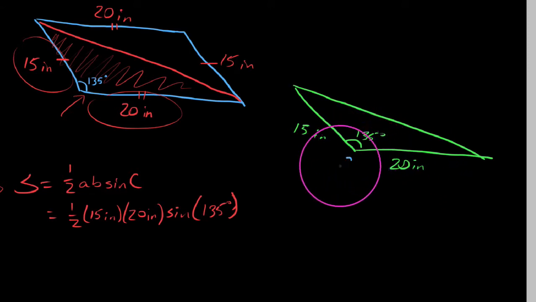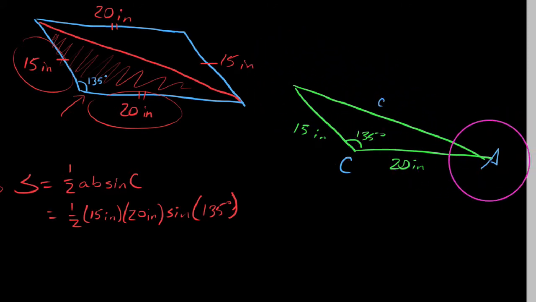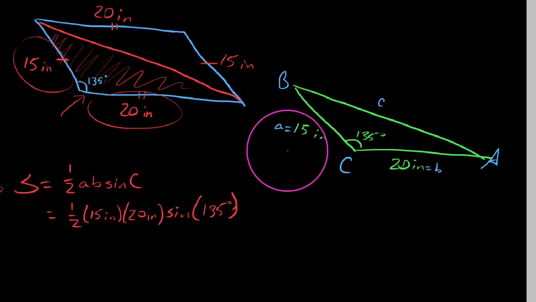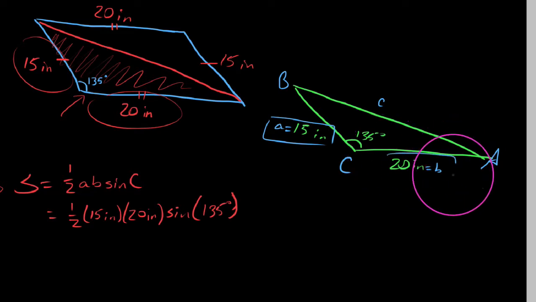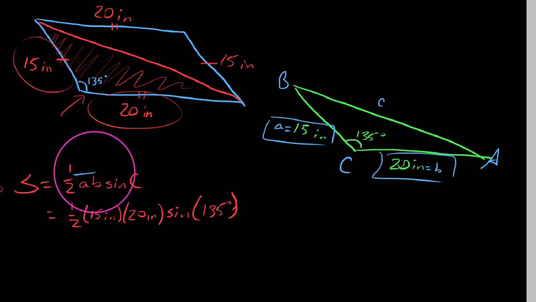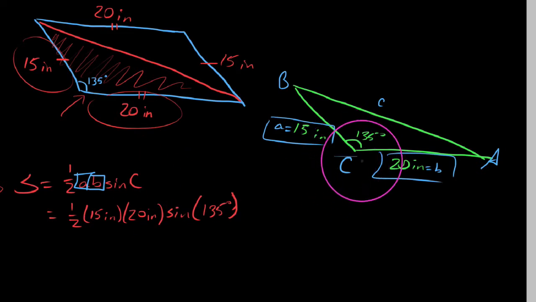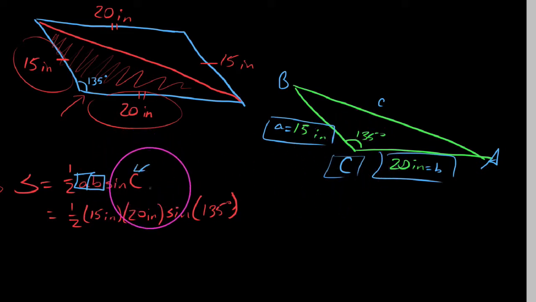I tend to call the largest angle vertex C, so it'd be lowercase c. We'll call this one A and this one B, so we can refer to this side down here as lowercase b, and this side here is lowercase a. In terms of how I knew to use this formula, notice that we know the lengths of sides A and B, which are these two side lengths, as well as their included angle, which happened to be angle C, so no surprise.